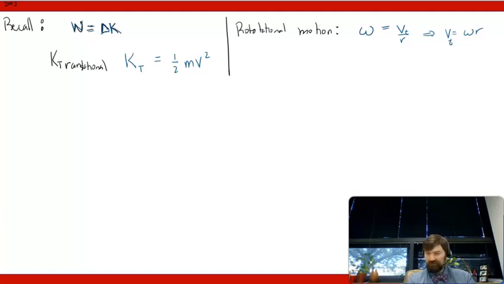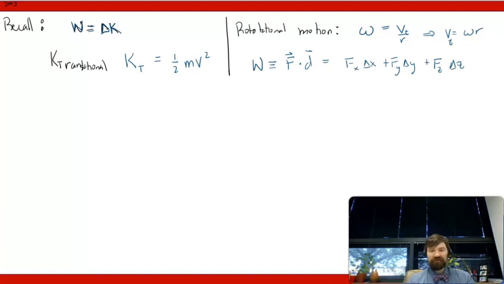And then beyond this, how do we define work? Work is defined as force dotted with displacement, and so this is Fx delta x, plus Fy delta y, plus Fz delta z.